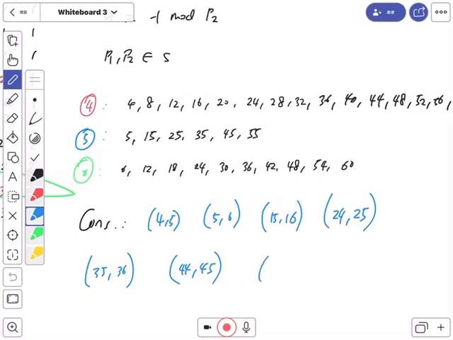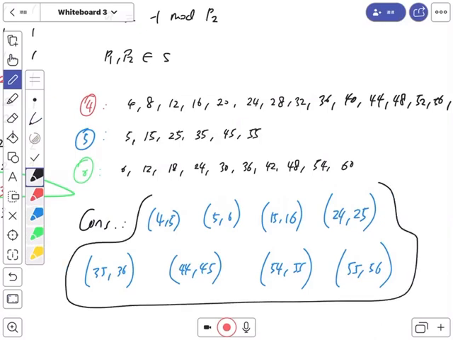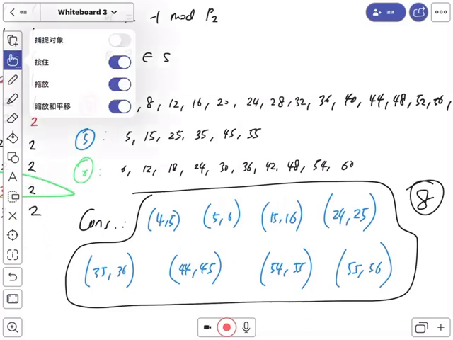And we also have 54 and 55. Also 55, 56. And that is essentially it. So you have 8 in the first 60.